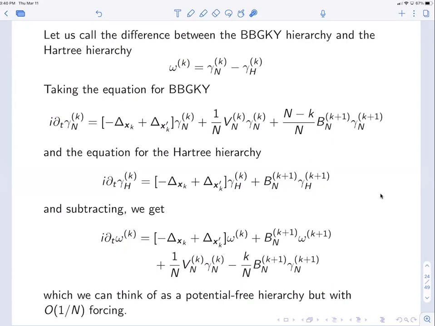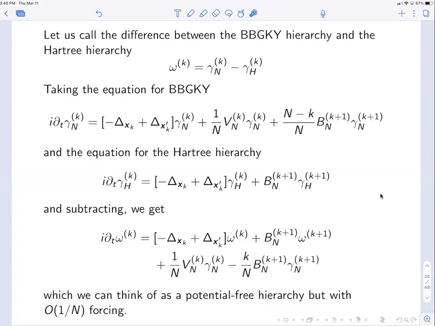And so that's going to leave us with bnk plus 1 omega k plus 1. But it wasn't an exact match, so there's still the negative k over n bnk plus 1 acting on gamma nk plus 1. Right, and then the potential term for the BBGKY had no corresponding term in the Hartree hierarchy, so that just has to be copied down.